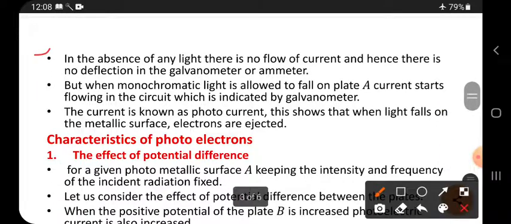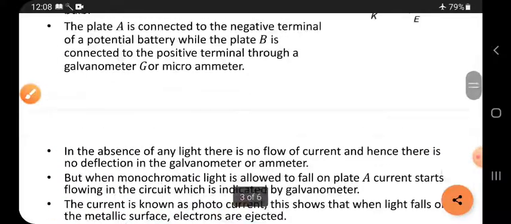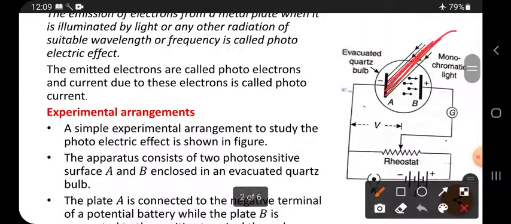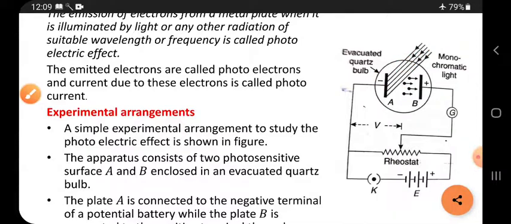In the absence of any light, there is no flow of current and hence there is no deflection in the galvanometer. Suppose light is not falling like this, then it cannot produce any electron, so the galvanometer cannot show any deflection.